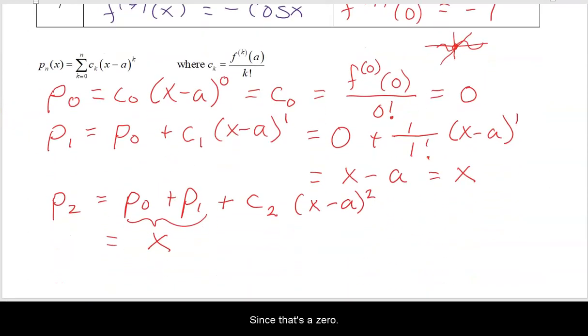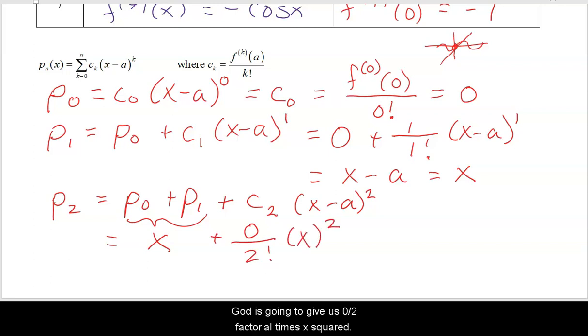Since that's a 0, that is going to give us 0 divided by 2 factorial times x squared. Now 0 times anything is still 0, which means, bizarrely enough, that both the first polynomial approximation and the second polynomial approximation are the same.